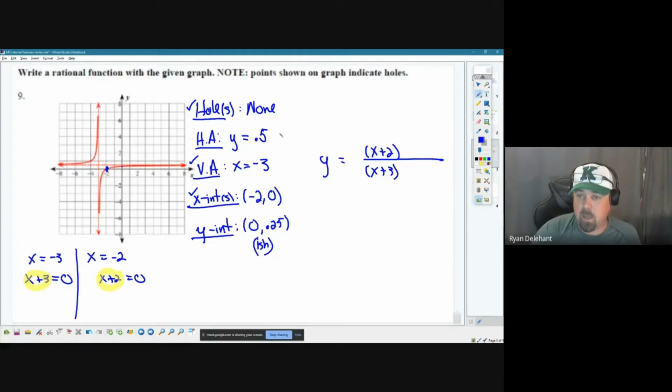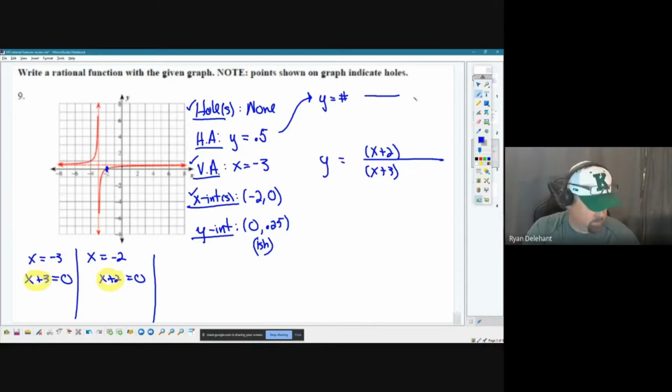But let's look at the horizontal asymptote. Because we get y equals a number this time, what does that mean about the degrees in our fraction? Y equals a number means what? That the degree on the top and the bottom is the same.